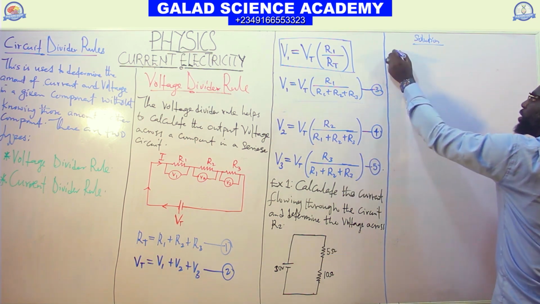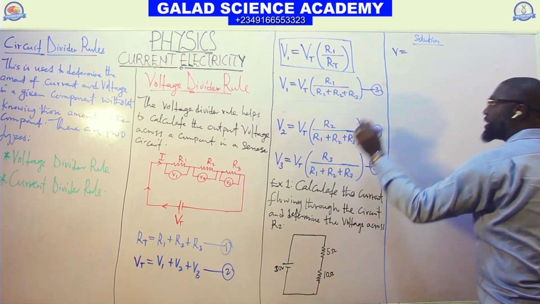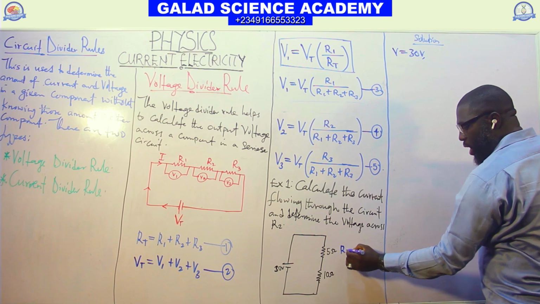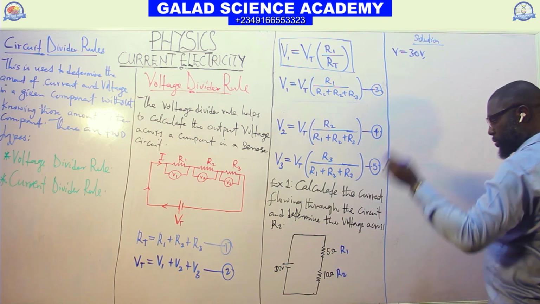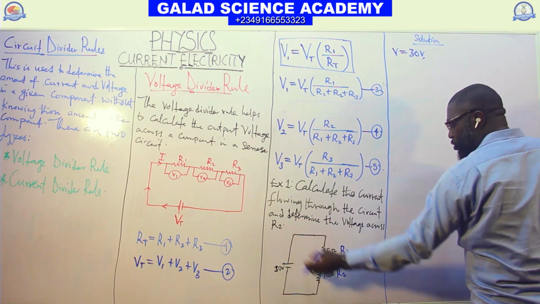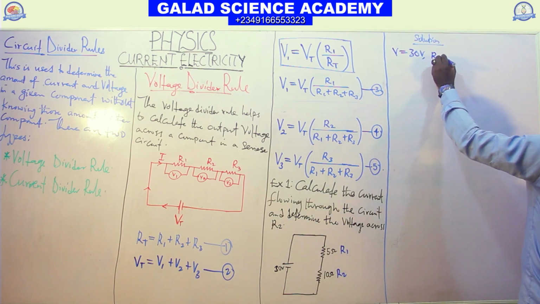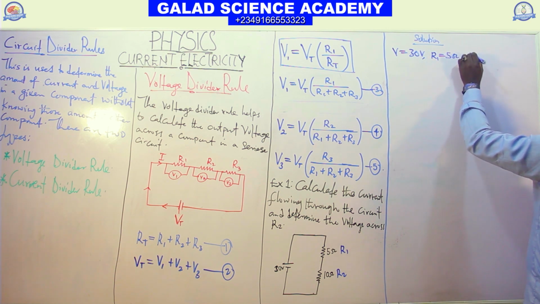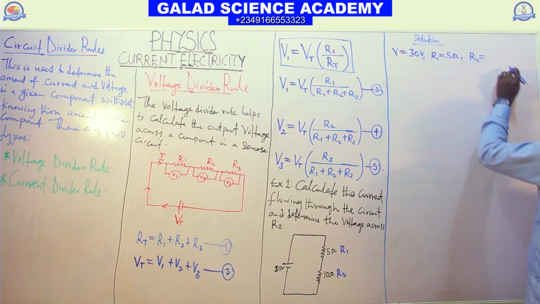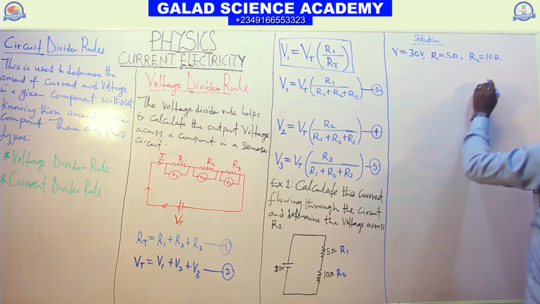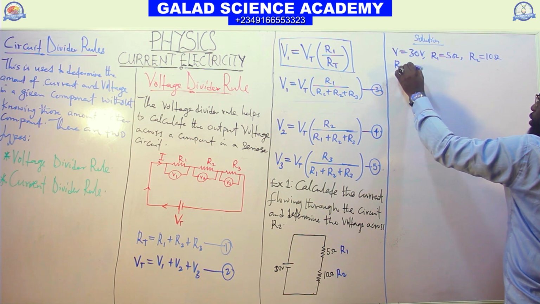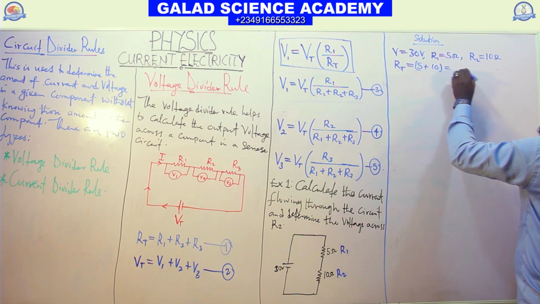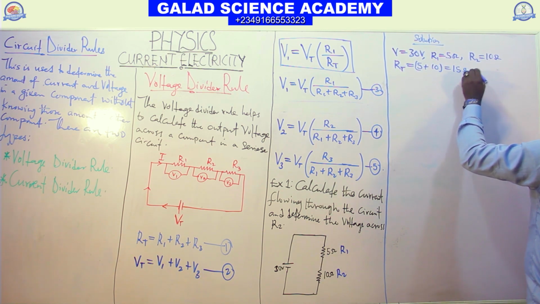We are given that the potential difference is 30 volts. Let's call this one R1 and this one R2, and determine the voltage across R2. R1 is 5 ohms and R2 is 10 ohms. The total resistance in series will be 5 ohms plus 10 ohms, altogether 15 ohms.